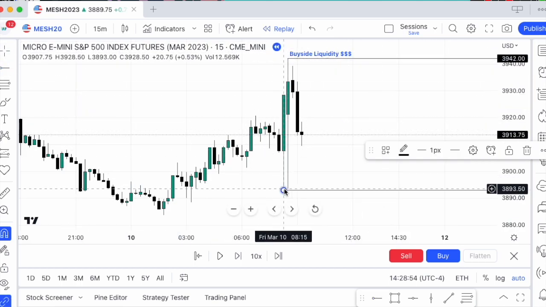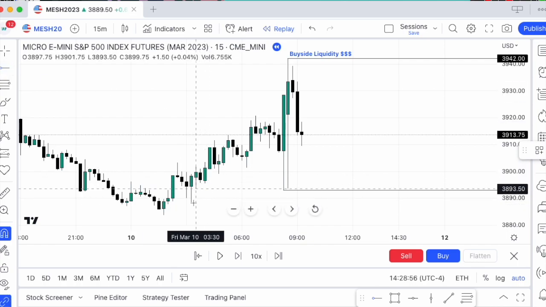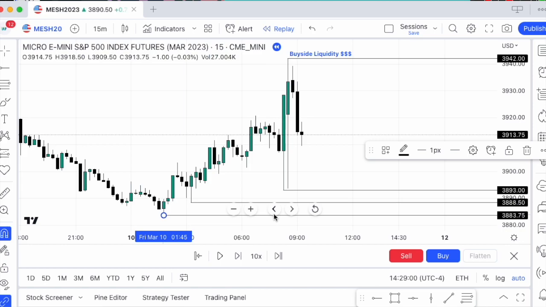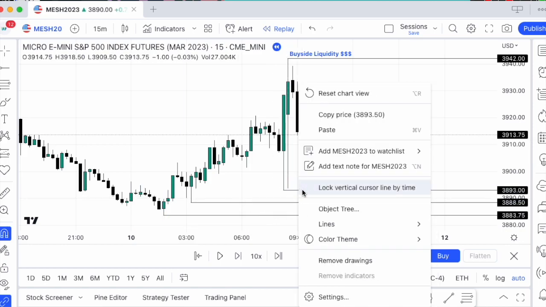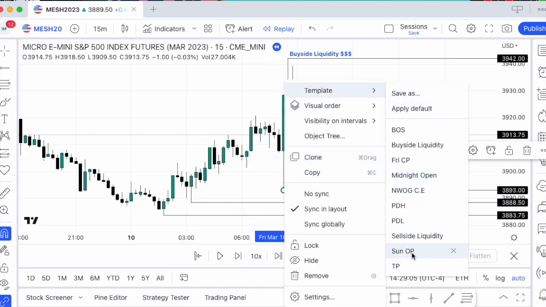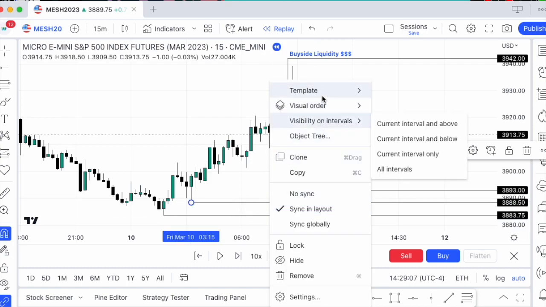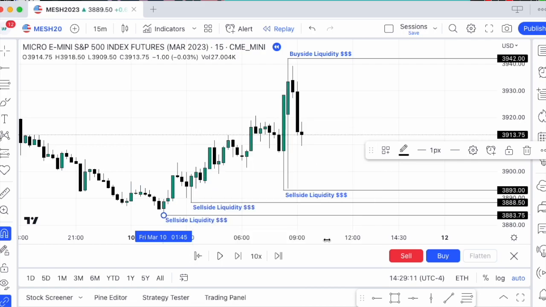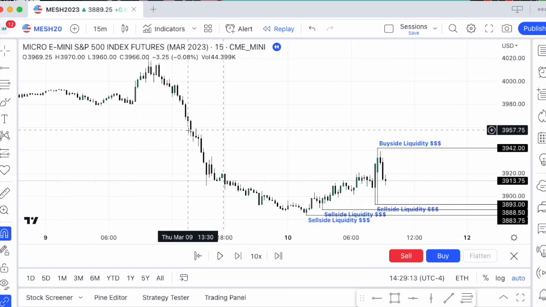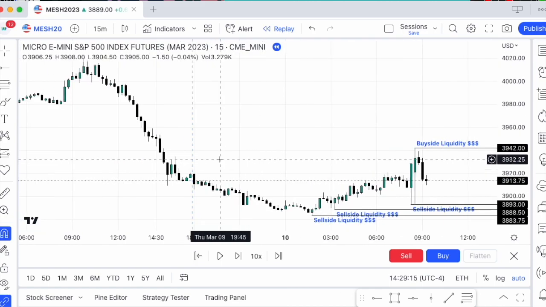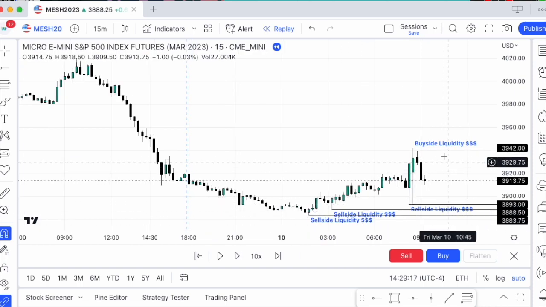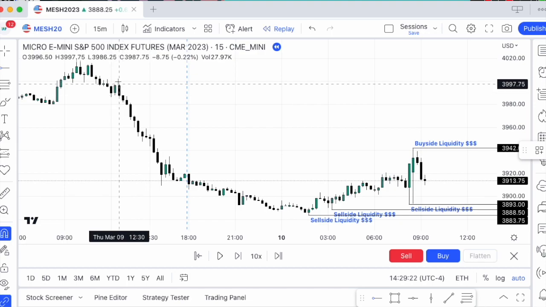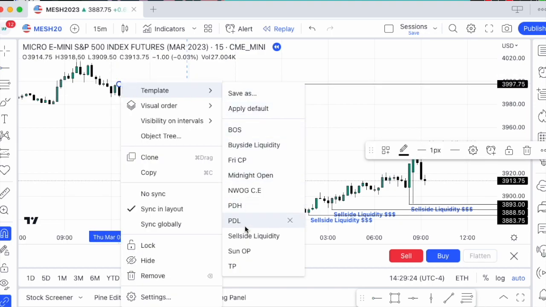So I like to look at areas where those stops would be, I guess you could call potential reversal zones. And so I mark those out on my chart. Here we have sell side. So because of the news, I'm more inclined for there to be buy side liquidity taken out first, and then moving over to keep going down.